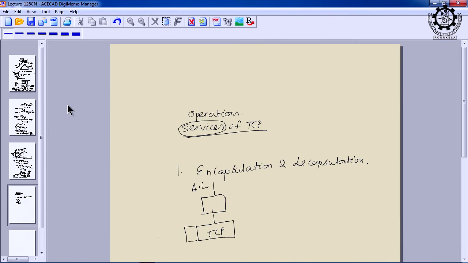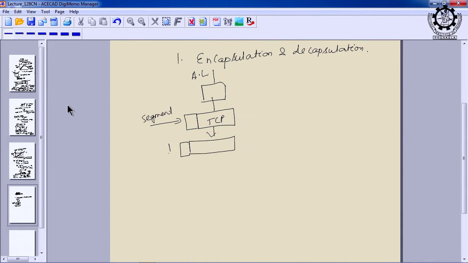So, it becomes now one segment, the message along with the TCP header. The segment goes to the next layer, added with the next header, that is the IP layer, and the new data unit becomes the packet, or you can say the datagram also.